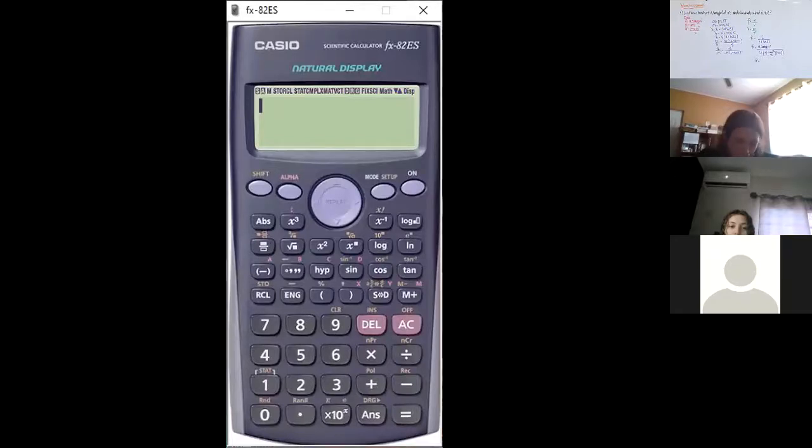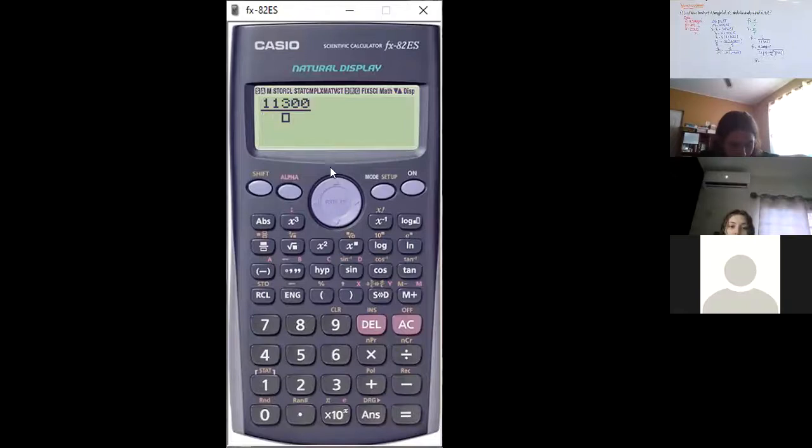Probably you have a different model, but it could be the same. How can we perform this operation? Well, first of all, if you have a model similar to this one, push this fraction button located below ABS and over the negative sign. In the numerator, obviously, we write the number 11,300.